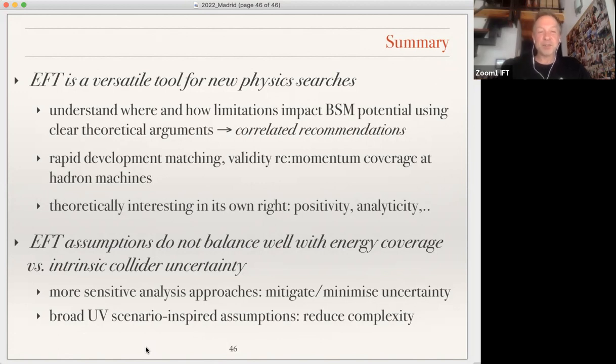I have another question on the G-2 stuff. I see in general virtues that EFTs have, but particularly for G-2, I'm not sure whether I fully see the virtues. You are even mentioning that you can probe scales up to 200 TeV, of course, if you assume that everything must be very heavy and the couplings are of natural order.